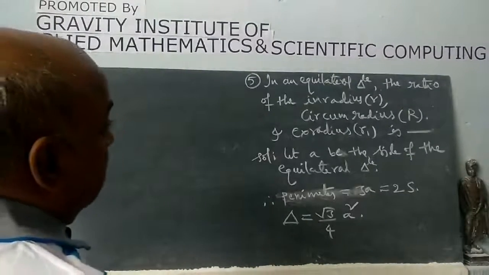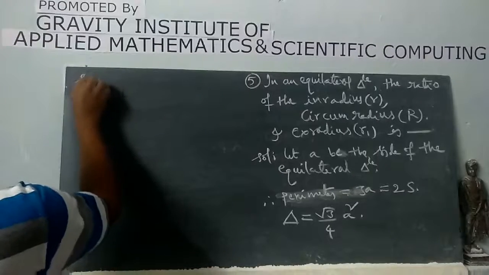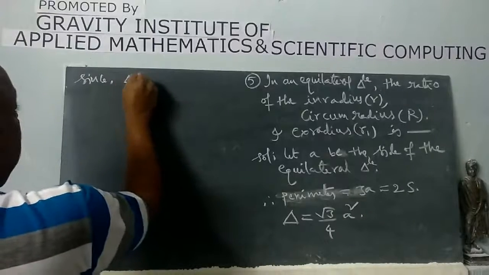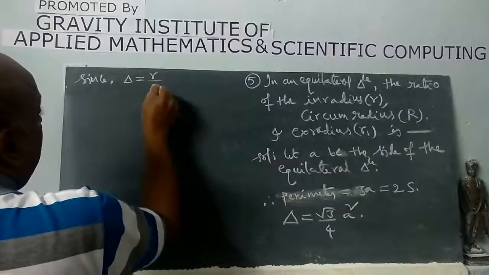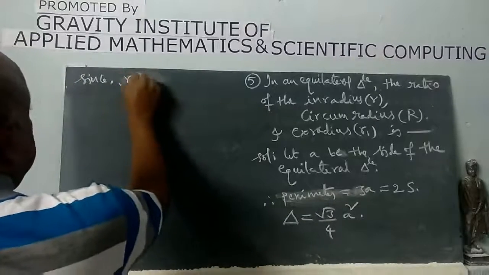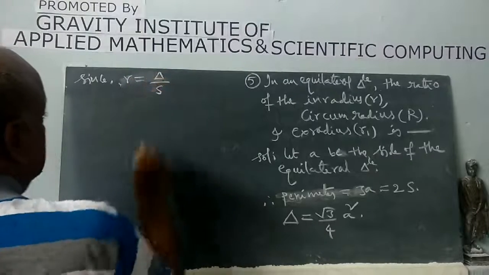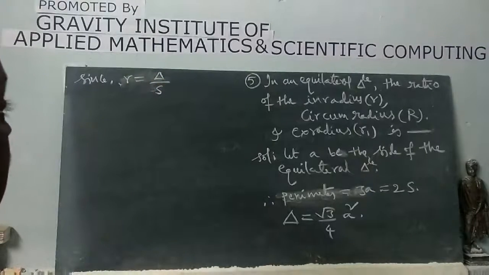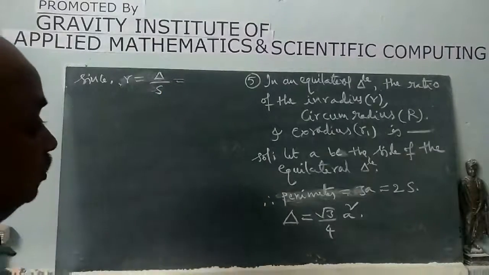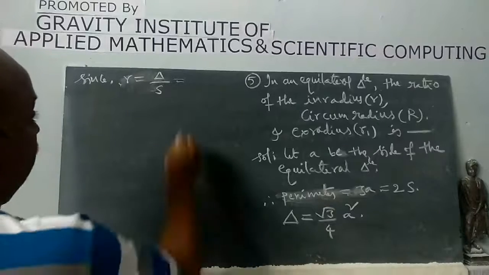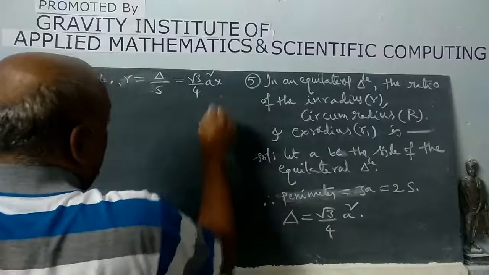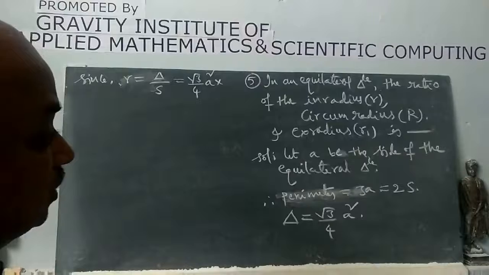Here, the inradius. Since delta is equal to r into s, r is equal to delta by s. The inradius r is equal to delta by s. So this is equal to root 3 by 4 a square into 2 by 3a, since s is 3a by 2.